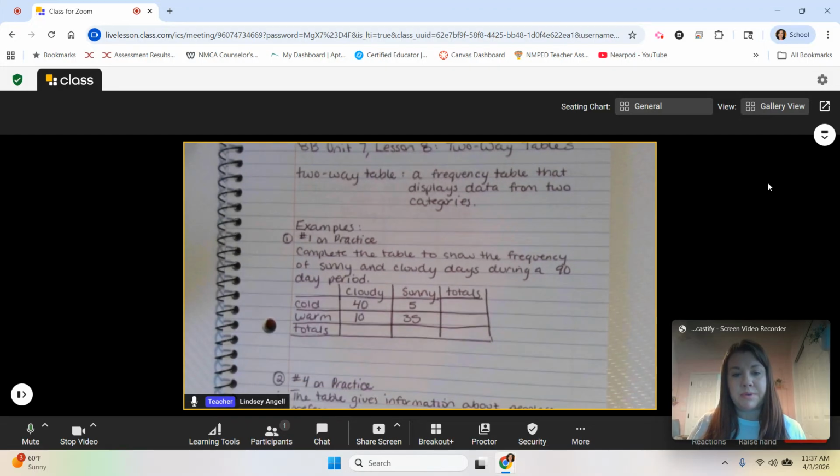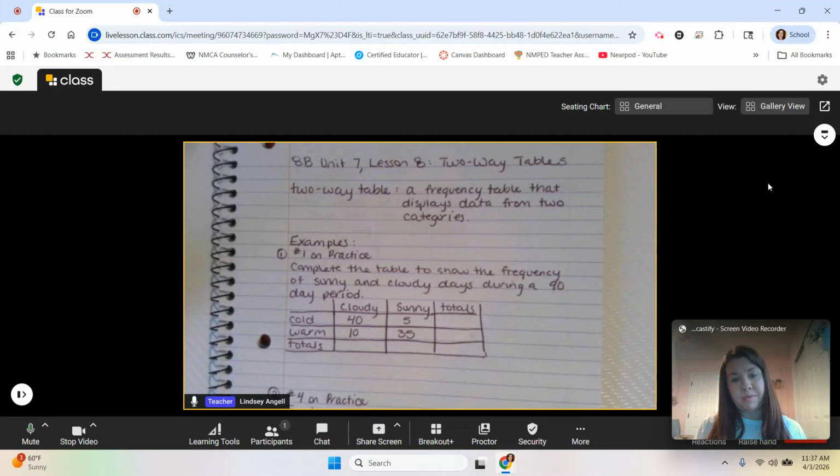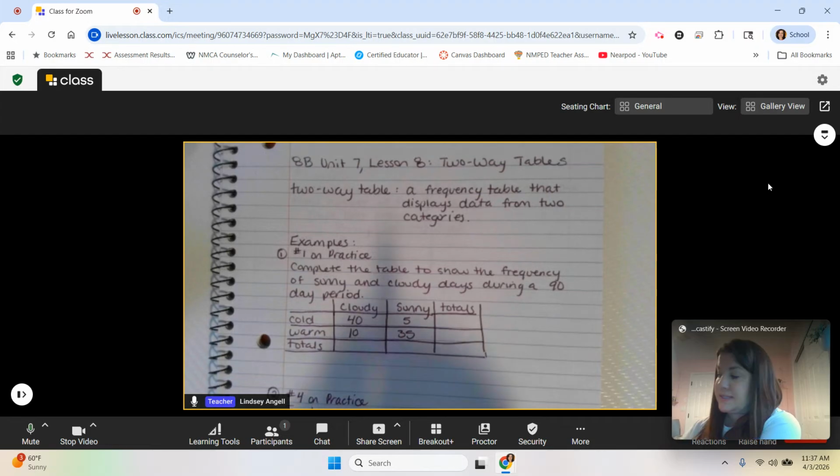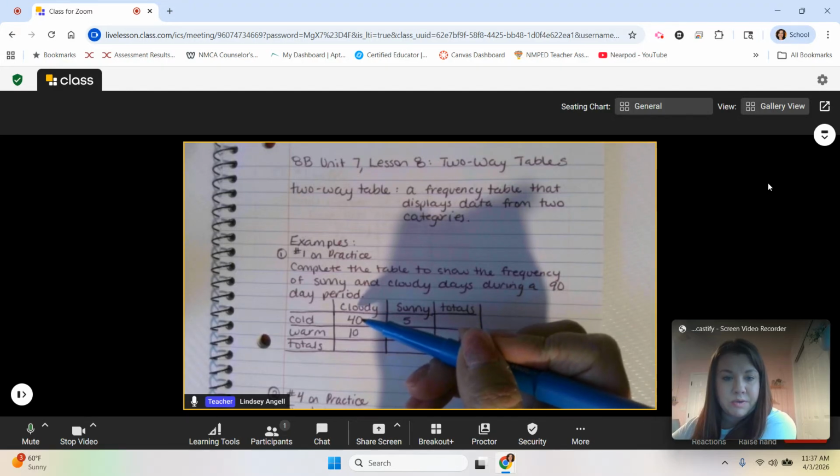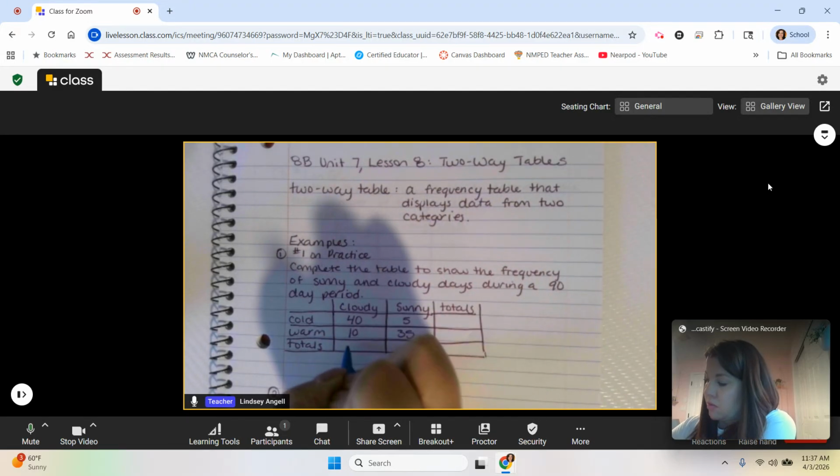Our first example is number 1 from your practice. Complete the table to show the frequency of sunny and cloudy days during a 90-day period. So let's see here. We are given two pieces of data, and really if we're just finding the totals, all we're doing is adding them up. So cloudy days, there were 50.